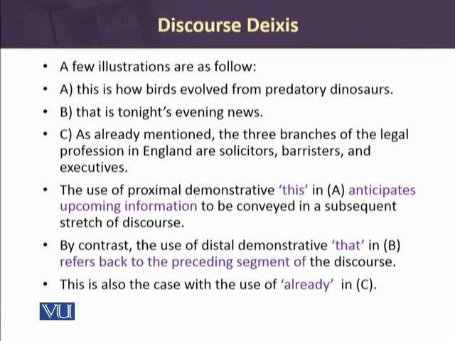In contrast, the use of the distal demonstrative that in sentence B refers back to the preceding segment of the discourse. In sentence C, this is also the case with the use of already. Already refers back to something which has already been mentioned. So the words this, that, and already are working as discourse DXs in these examples.